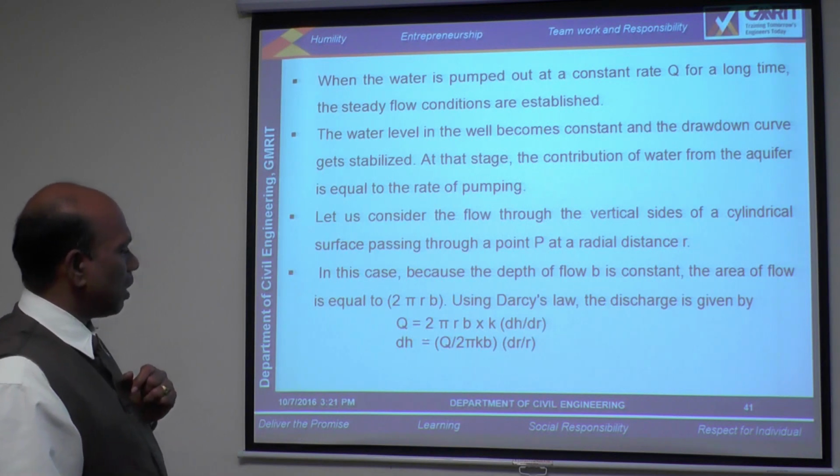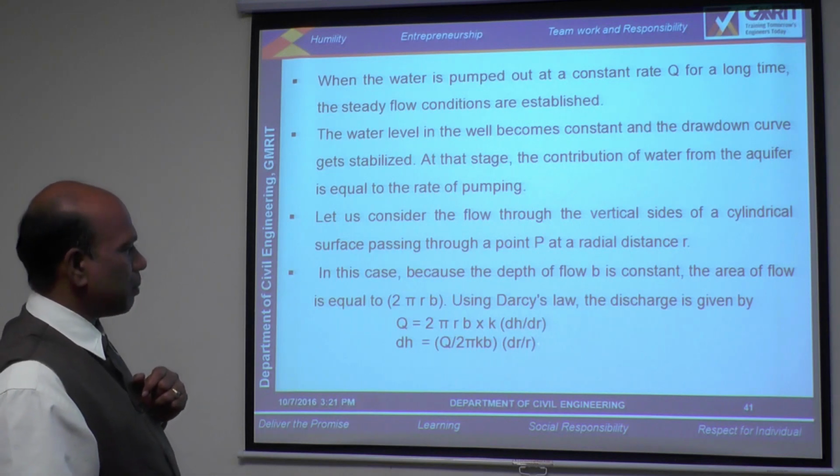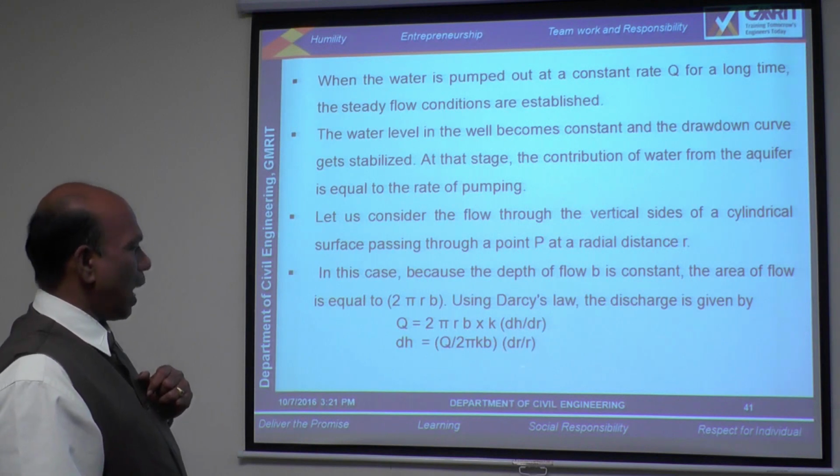And here we take all H related terms to one side, and the R related terms, that means the radial distance terms, to the other side.